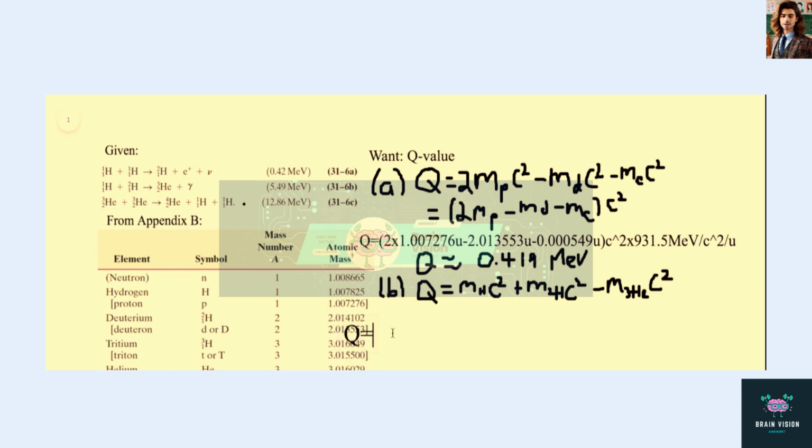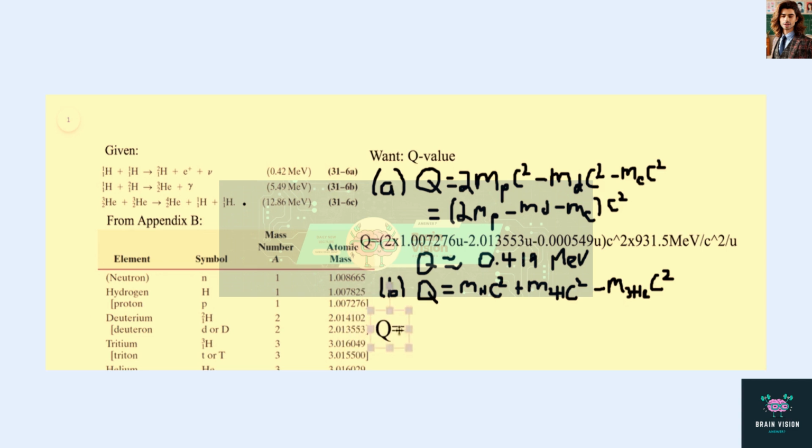So before we fill in the numbers, just a subtlety here. We're dealing with nuclei, but for the case of helium, which I'm sorry is cut off here, but I'll enter the values in a second and you'll see them. For the case of helium in the appendix, we are only given the atomic mass, which includes electrons.